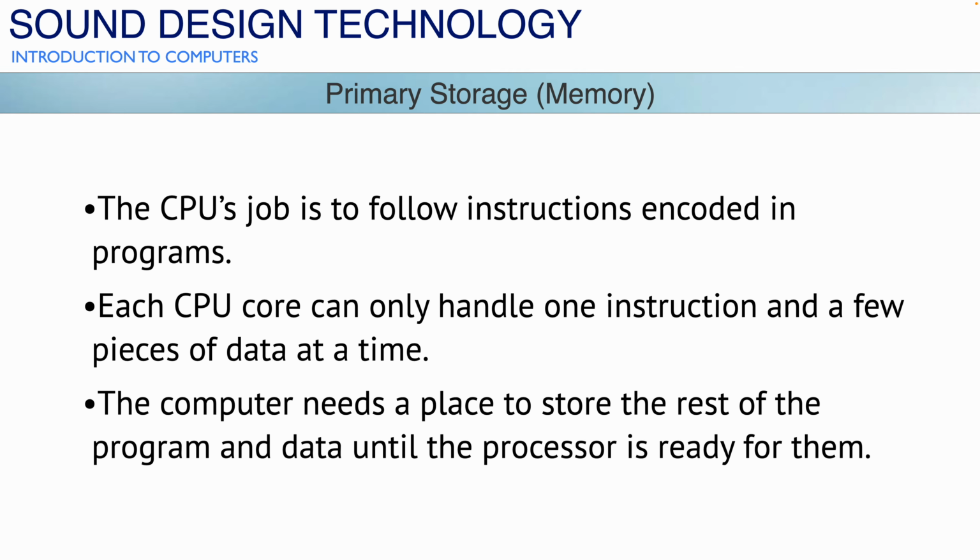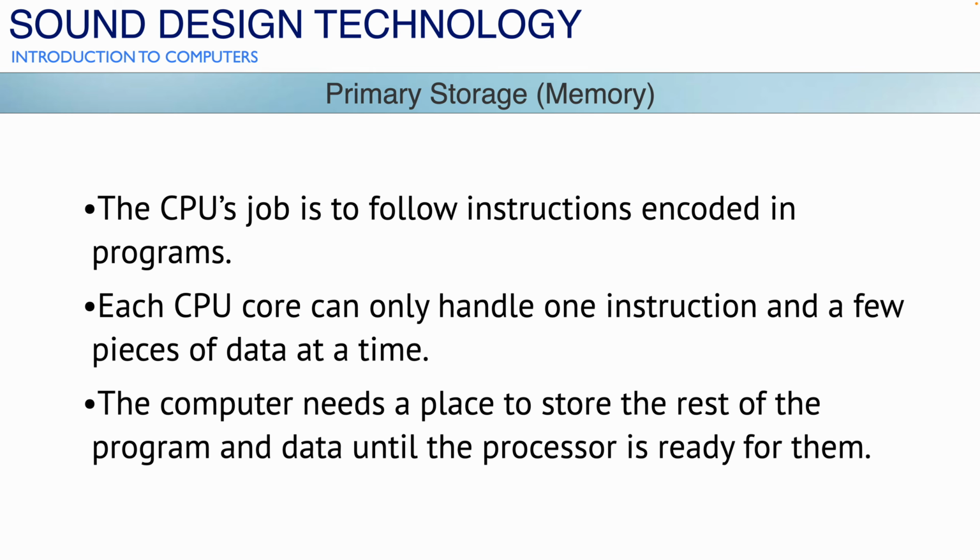But because there's that limitation that it can only do one thing at a time, the computer needs a place to store the program and the information it's working with until it's ready for it. It has to queue things up. There's a line that forms behind the CPU where the little operations get fed into it one at a time.